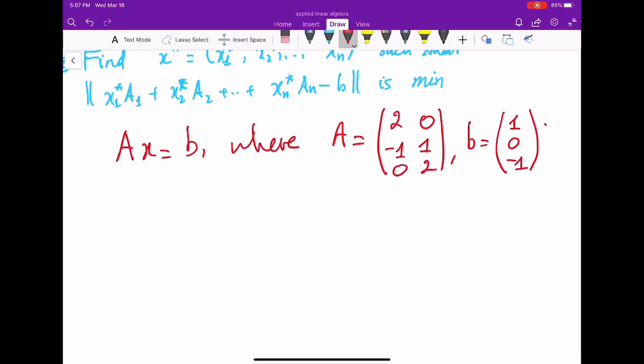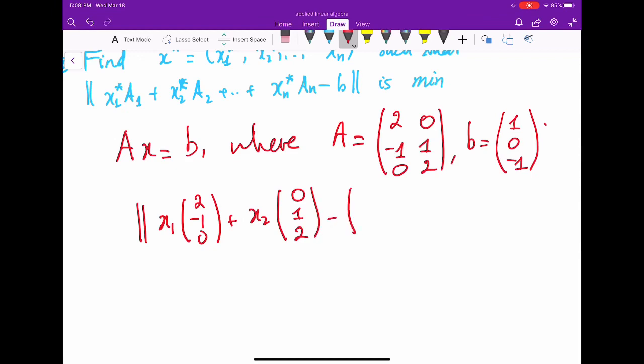Basically, if we write in column form, the problem looks like x1 times (2, negative 1, 0) plus x2 times (0, 1, 2), minus (1, 0, negative 1), and we need to minimize this function.